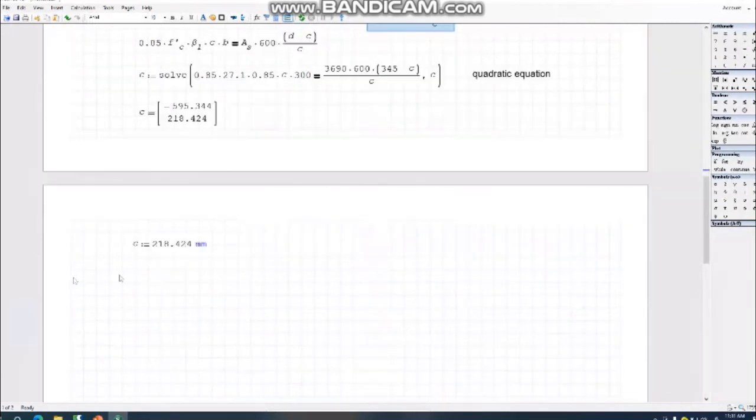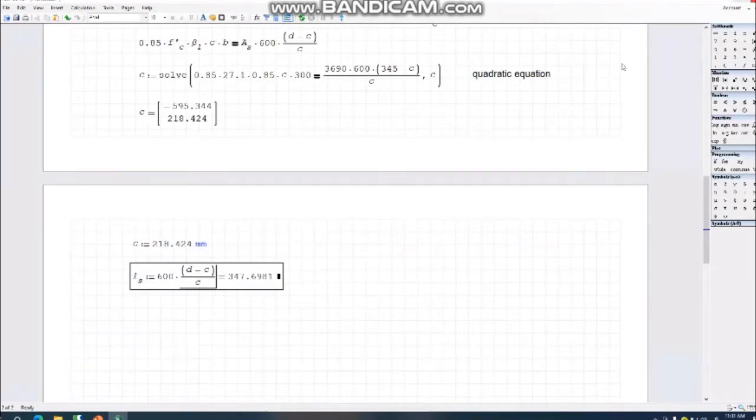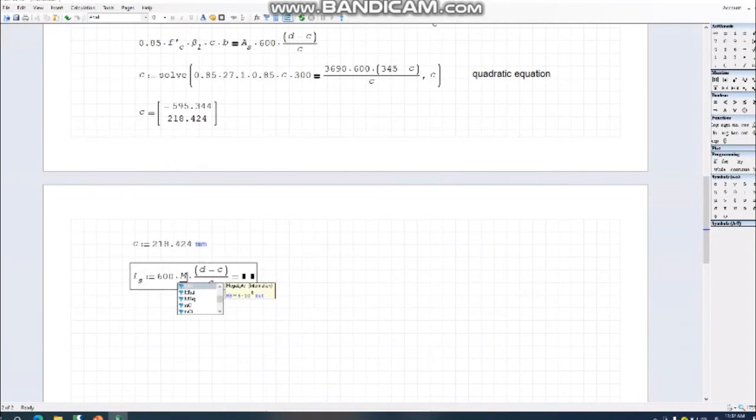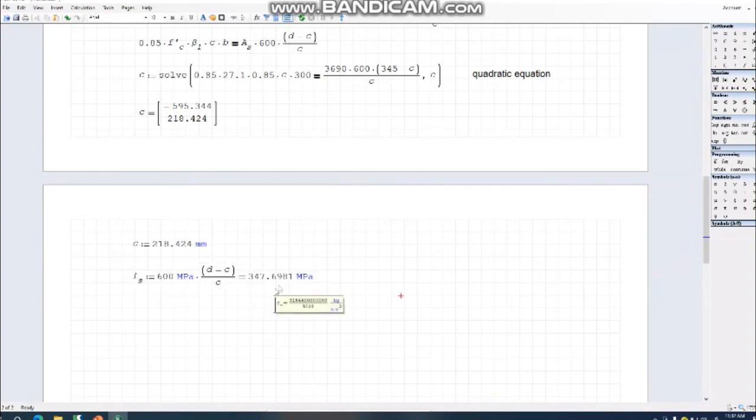I dropped the units here; this is actually 600, and by the way, this is already in MPa. So, this gives 347.6. Again, this is less than our Fy earlier. So, this is okay.